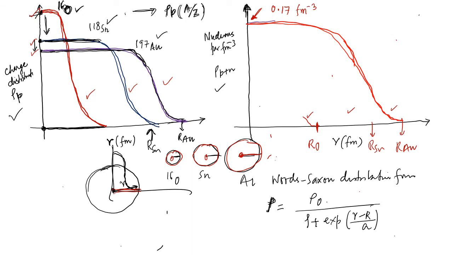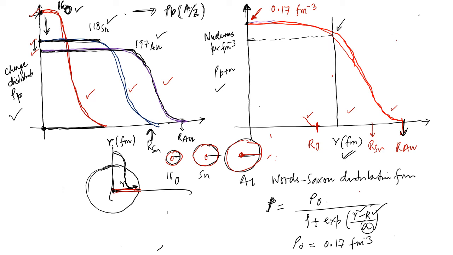Here rho naught is 0.17 Fermi minus cube, small r is this r, and R is the radius of the system. And a is basically, if you see, the 90% to 10% fall of the density.